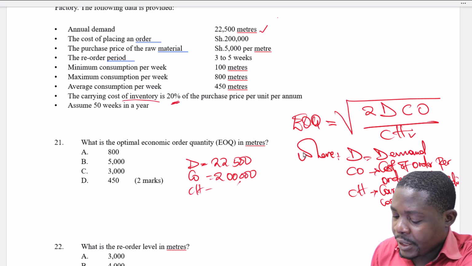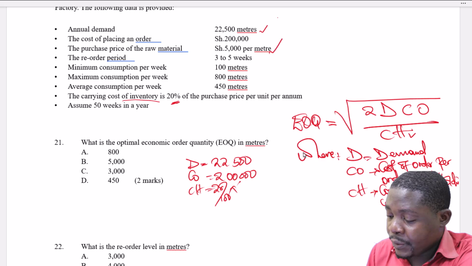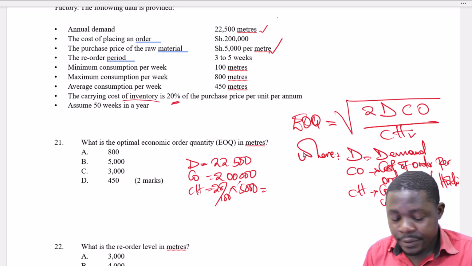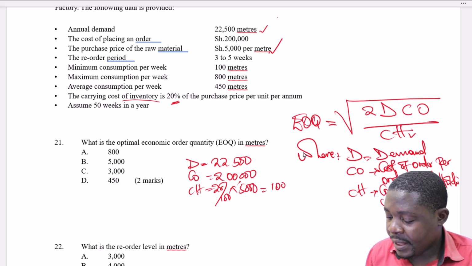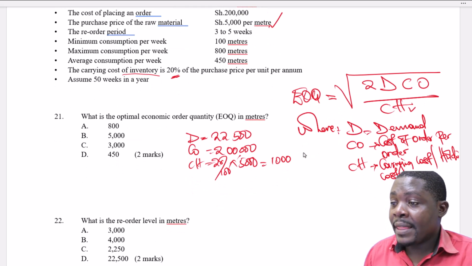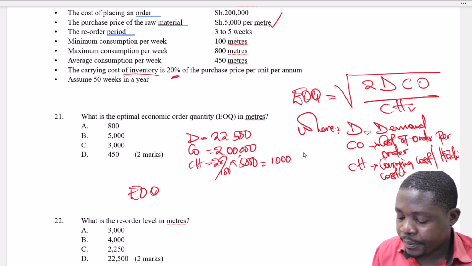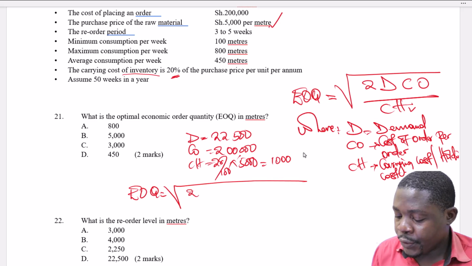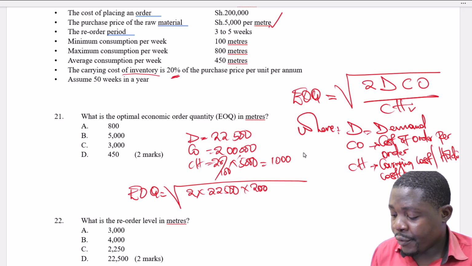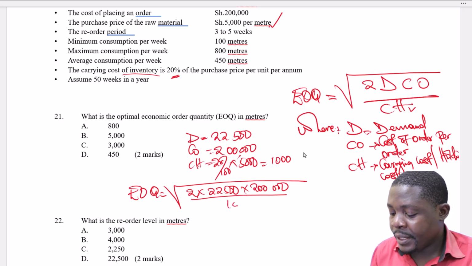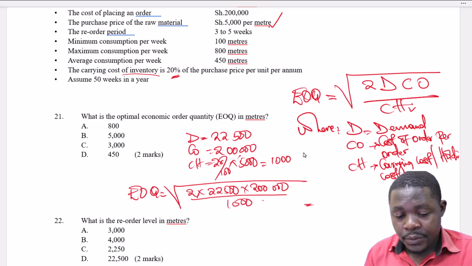Now the C_H is 20% of 100, multiplied by the purchase price. The purchase price was what? 5,000. We have 0.2 multiplied by 5,000, which gives 1,000. Therefore, we can find the EOQ is equal to the square root of 2 multiplied by 22,500 multiplied by 200,000, divided by 1,000.